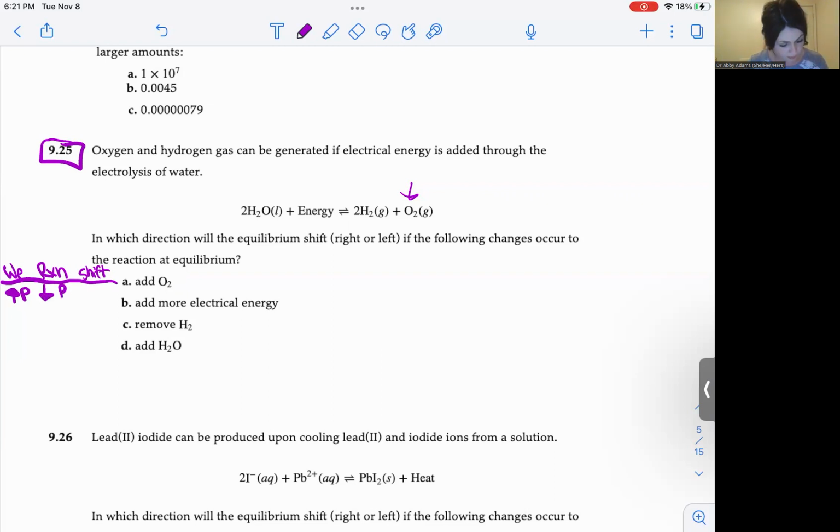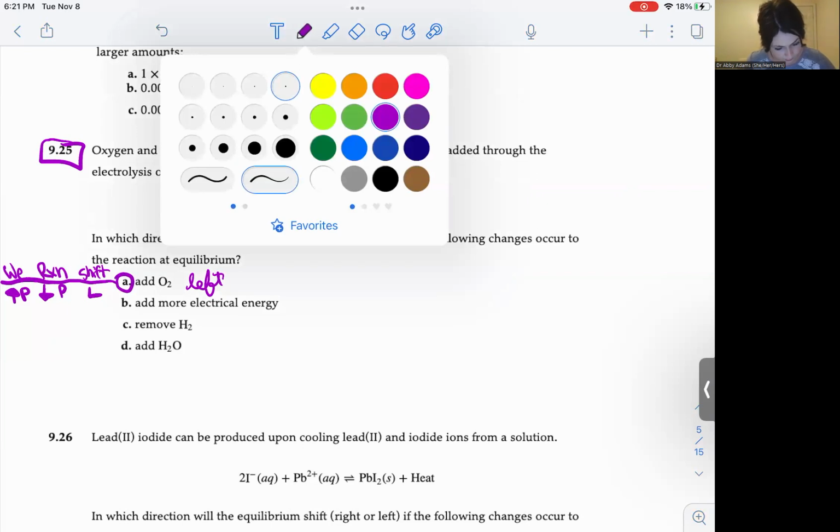So we are going to shift the equation towards the reactants, and that's to the left, right? That's to the left. Okay, so let's write it here. So that's A. So let's do B.